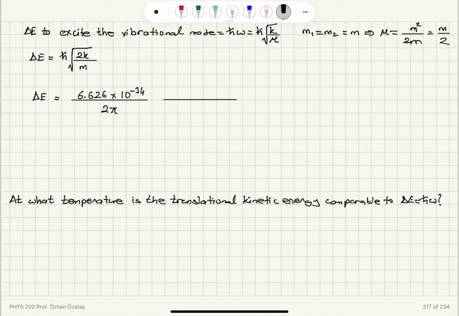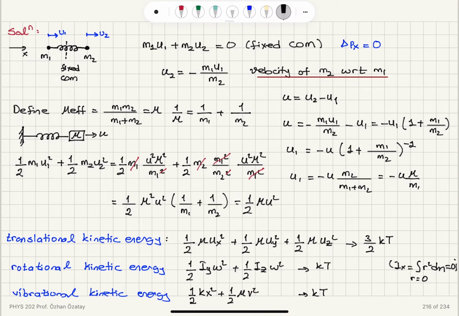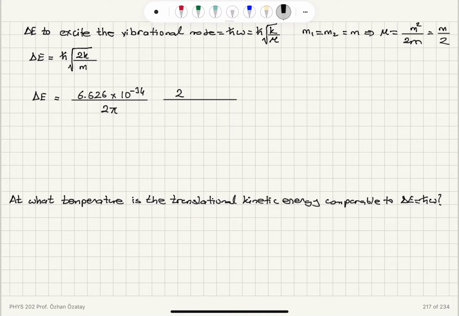Then I have 2 times k, the spring constant. So this is the Boltzmann constant. Let's not confuse this k with the spring constant k. And here I have twice the spring constant, 573 newtons per meter.